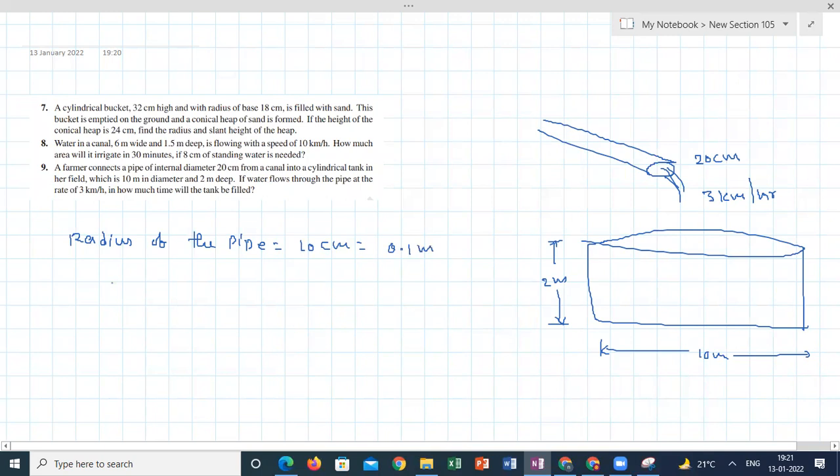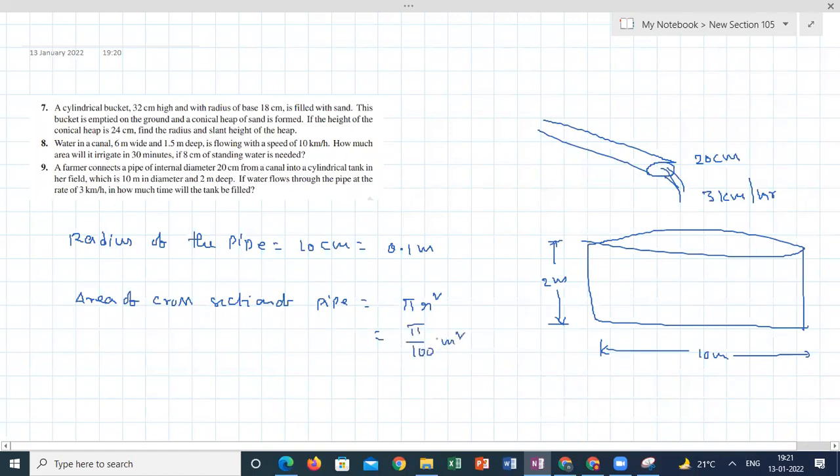Area of cross section of the pipe is pi r square, which is equal to pi into 1 by 10 squared, so pi by 100 meter square.